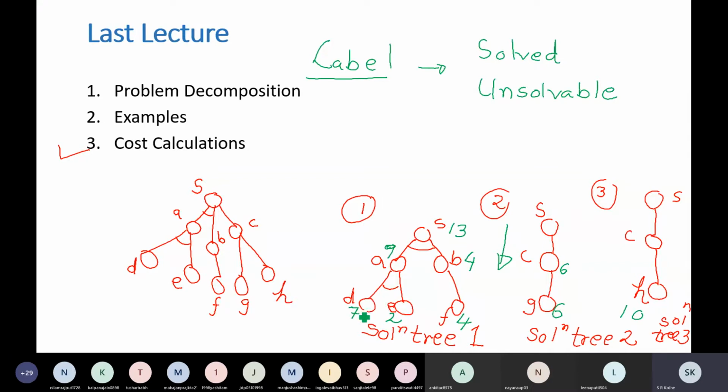By the cost. So for example, this cost is 799. This cost is very high if you compare it with the cost associated with other nodes. So such a condition you can specify in an algorithm: if the cost exceeds some threshold value, then label that node as unsolvable.